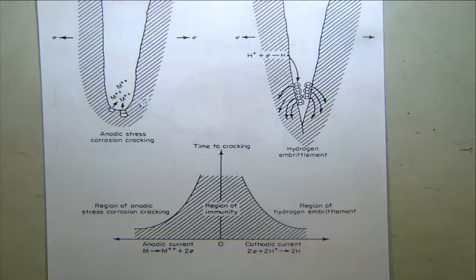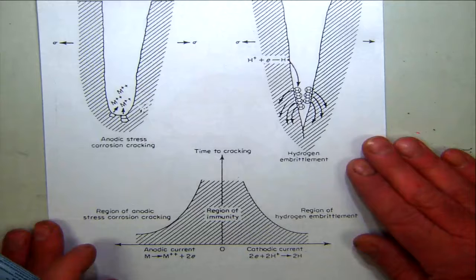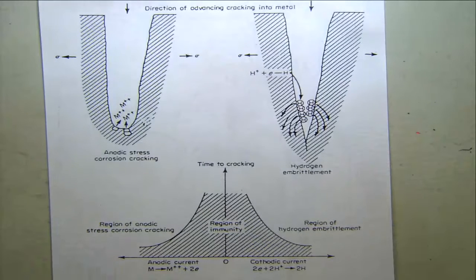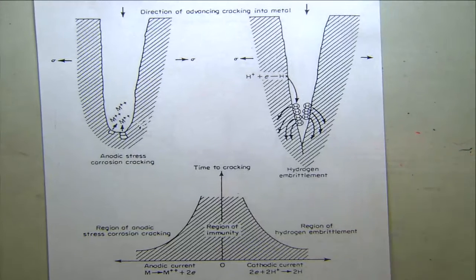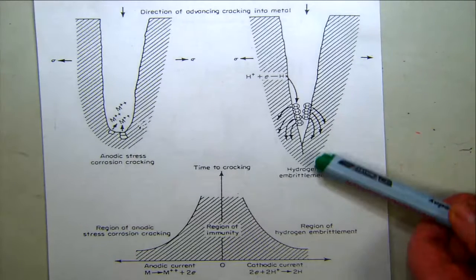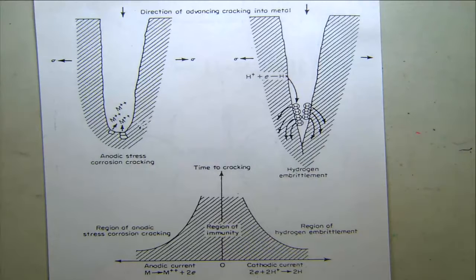In the hydrogen embrittlement version, things are a little bit different. We are operating in the cathodic current region. So we haven't got any oxidation going on, and the mechanism is one of hydrogen being absorbed into the matrix of the metal or alloy. Quite often there's a reduction process going on.